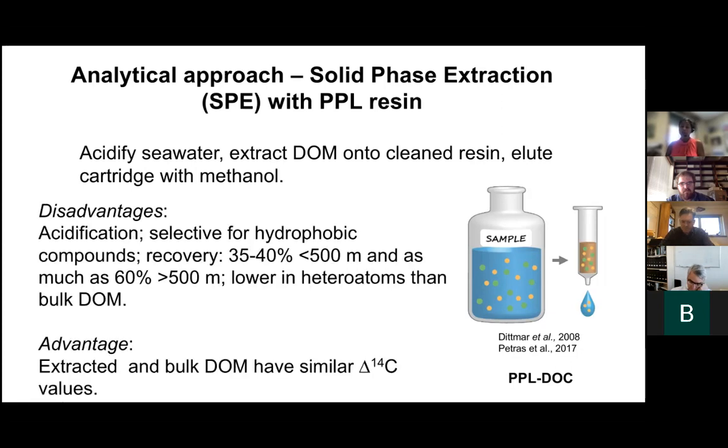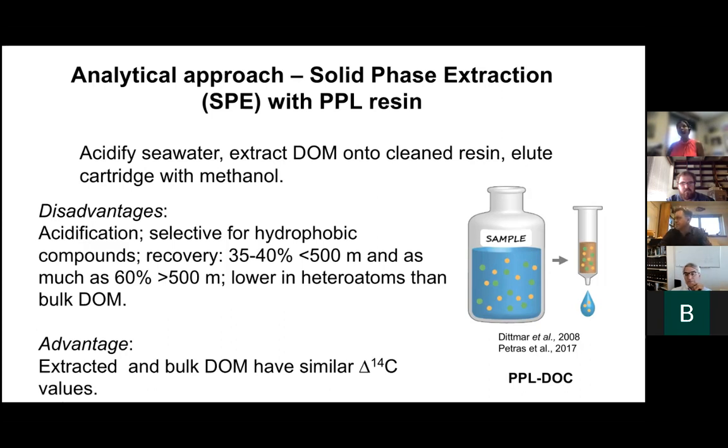The disadvantages of this method are, of course, the acidification itself, and the fact that it's a chemically specific extraction method. So you're focusing your efforts on hydrophobic or semi-labile compounds, and you're going to miss the very polar compounds. In shallow waters, the recovery is as good as 40%, so 60% of the DOC is blind to some of the methods I'm discussing downstream in this talk.